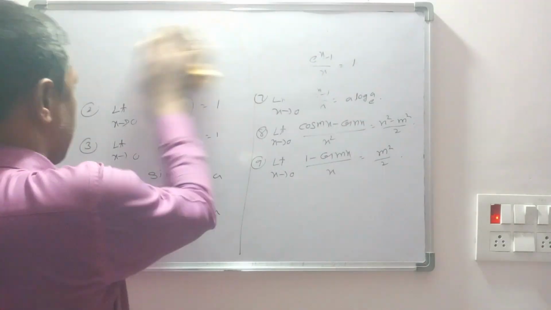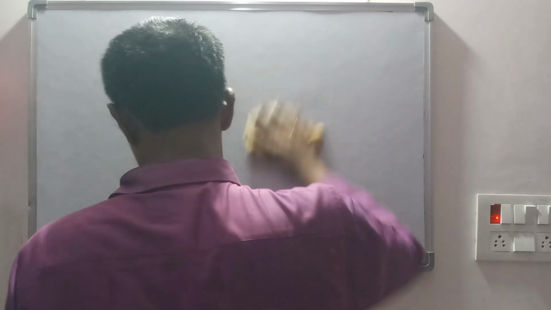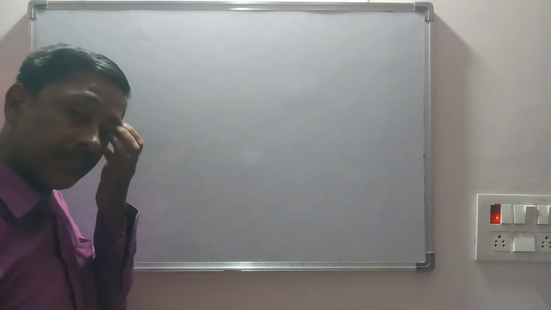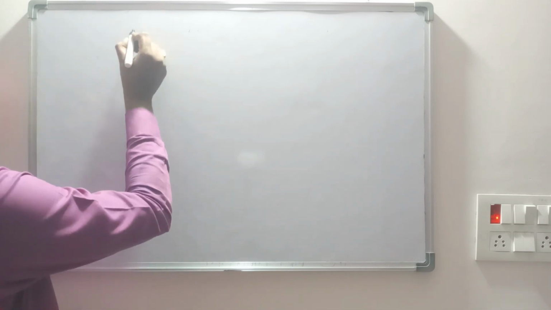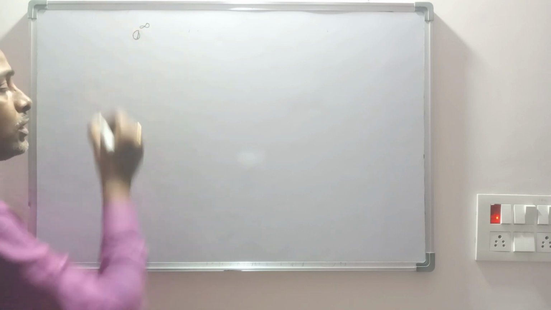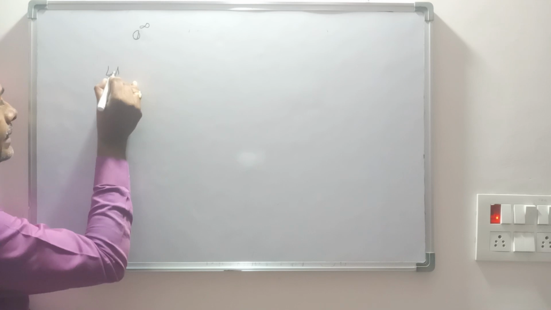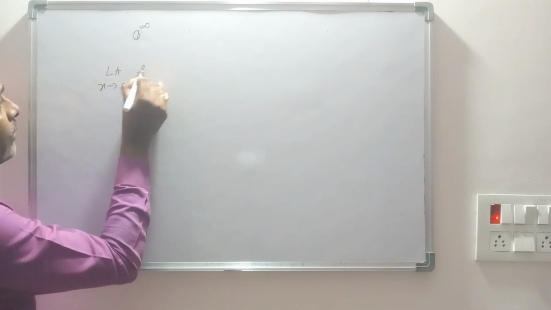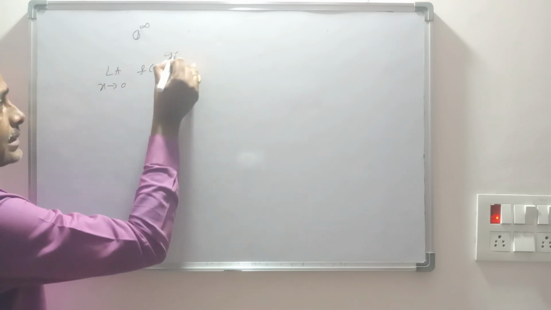Next one, for example, the 1 power infinity form. For example, limit x tends to 0, f of x power g of x.